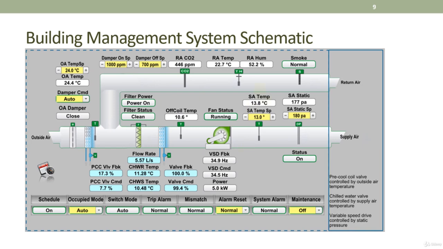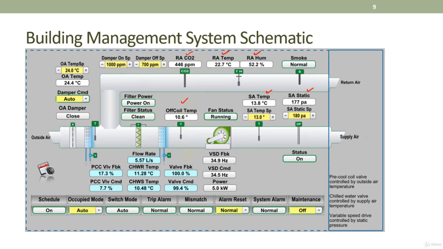All the numbers you see in the white boxes are from your sensors. For example, the supply air temperature sensor will give you the supply air temperature reading, and the supply air static pressure will give you the pressure reading. Also the return air humidity, return air temperature, return air CO2 level, and off coil temperature.